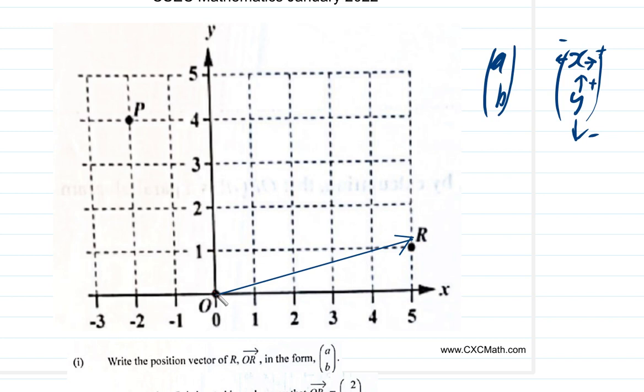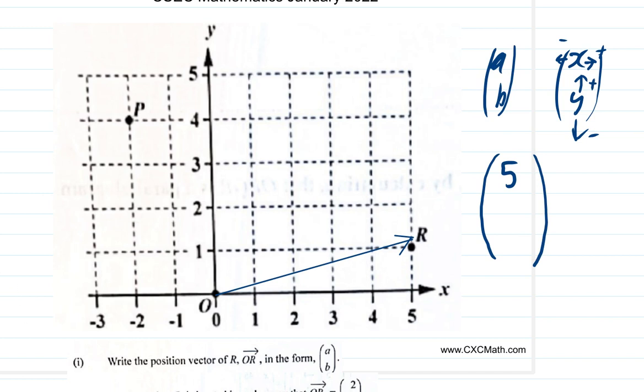Here now, how far do you move horizontally and in which direction? You move 1, 2, 3, 4, 5 units, and it is to the right. So A is going to be positive 5.